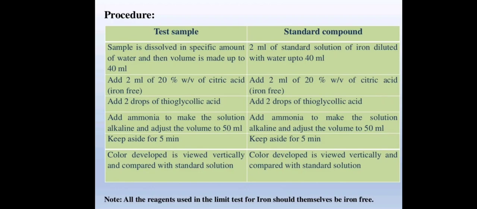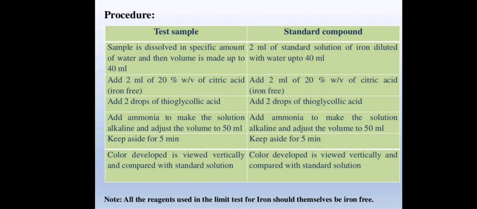The next step, add ammonia to make the solution alkaline and adjust the volume up to 50 ml with distilled water in both the Nessler cylinders. The ferrous thioglycolate formed is colorless in acidic medium, but in alkaline medium it gives purple color. So that is the purpose of adding ammonia.